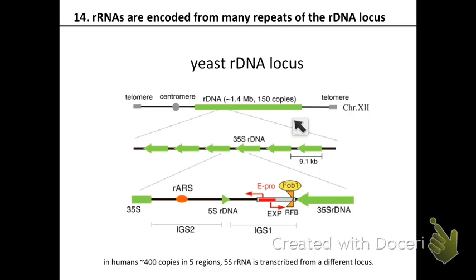For example, in yeast, which is a eukaryotic organism, the rDNA, the ribosomal DNA encoding for ribosomal RNA, has 150 copies of this repeat arranged in tandem on chromosome 12.